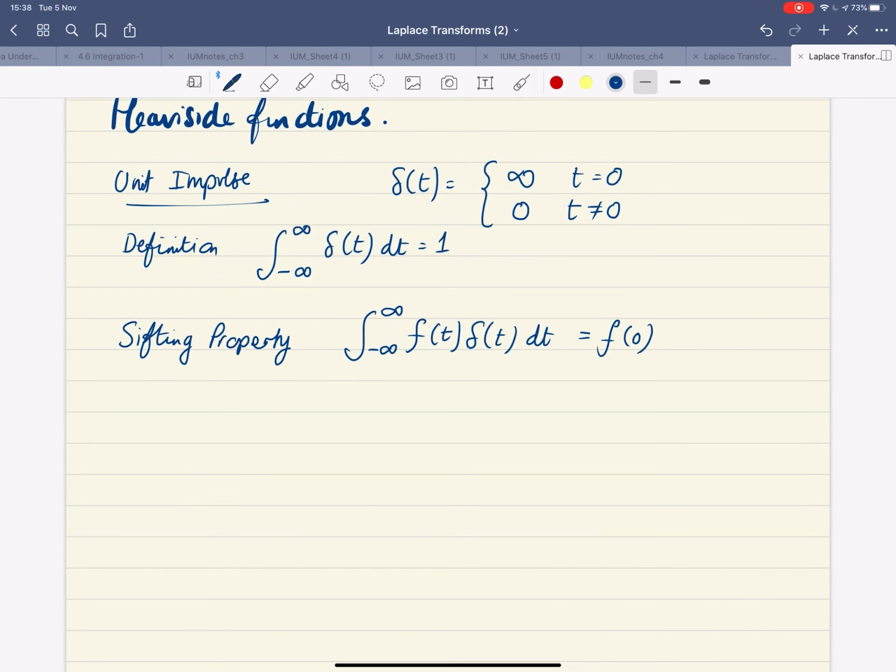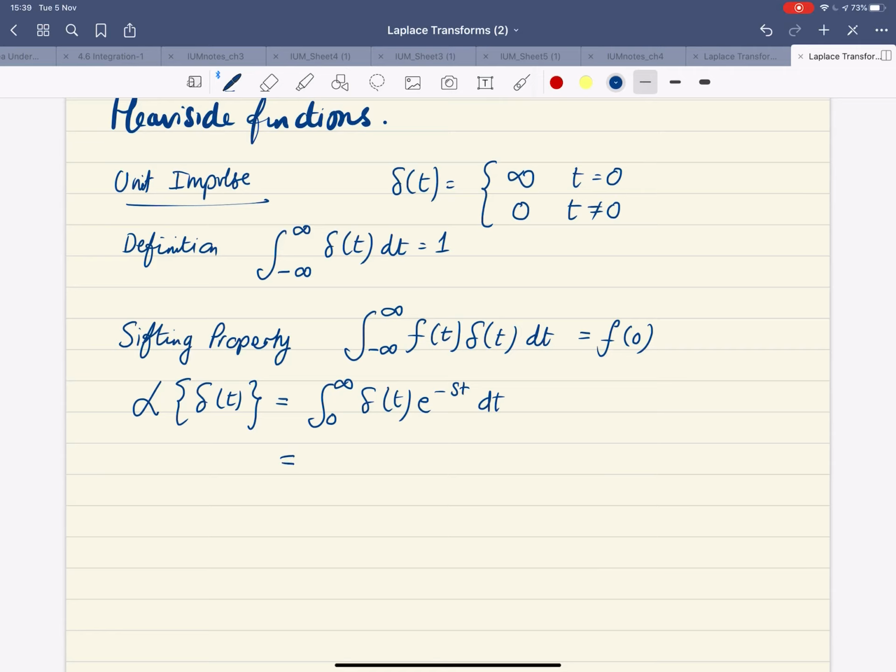Then we have the Laplace transform of delta t is equal to the integral from 0 to infinity of delta t e to the minus st dt. Okay, so that's from the mathematical definition of the Laplace transform.